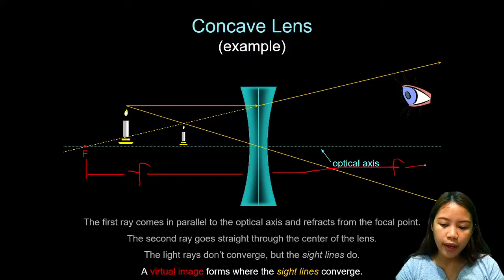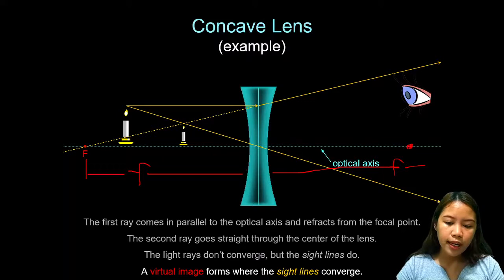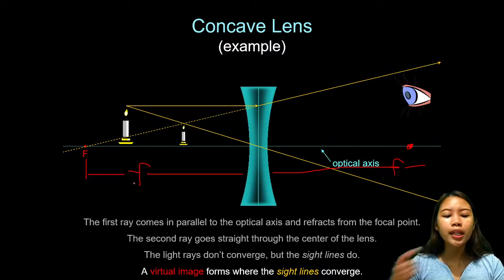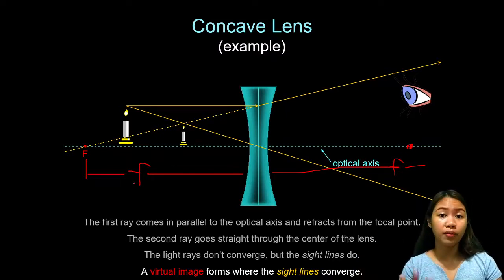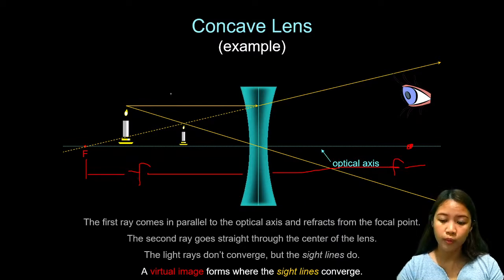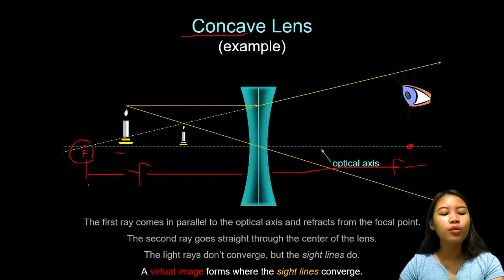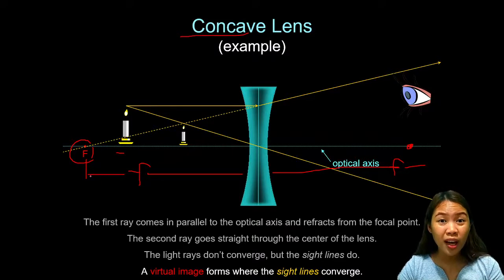But in our ray diagram, where do we focus? We do not focus on the focal point on the opposite side. If it is a concave lens, we focus on the focal point on the same side as the object.